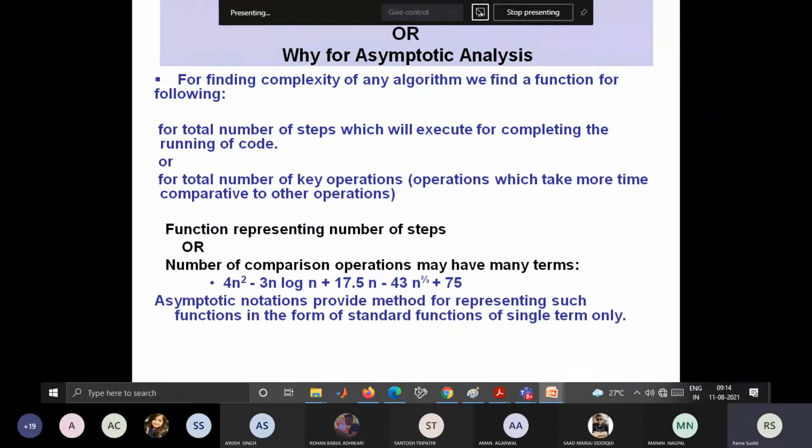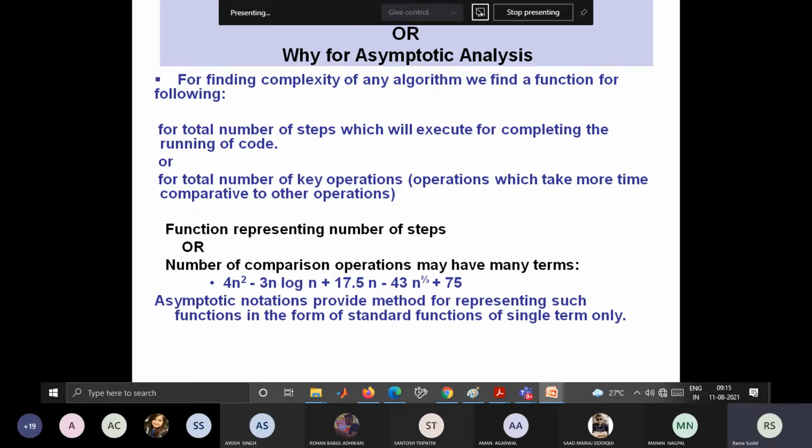N is a variable which is an intrinsic characteristic that will be input by the user at running time. So a function in terms of n is to be found whenever we have to find the time complexity. The focus is on finding the function for the total number of steps which will execute for completing the running of code.